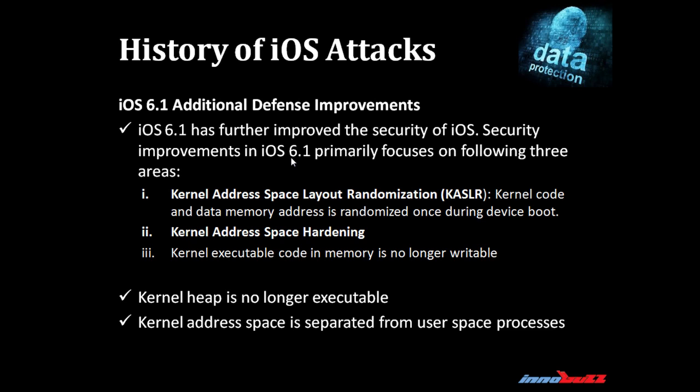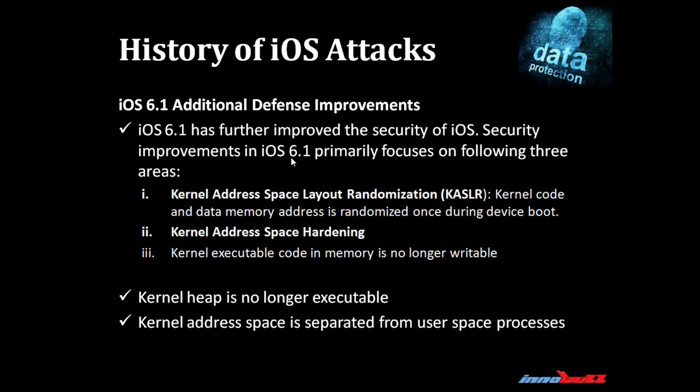For iOS 6.1, it has implemented several defense improvements. iOS 6.1 has further improved the security of iOS, focusing primarily on three areas: kernel address space layout randomization, wherein the kernel code and data memory addresses are randomized once during device boot.